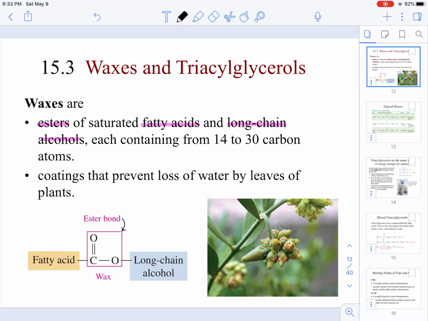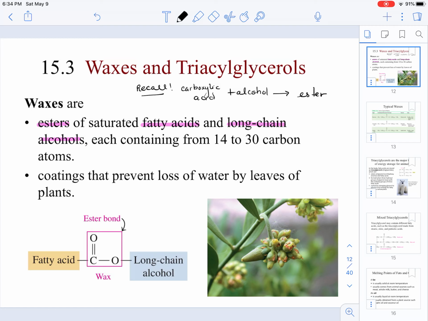So remember that when we are putting a fatty acid, or I should say specifically a carboxylic acid, and an alcohol, that will allow the conversion of making an ester.